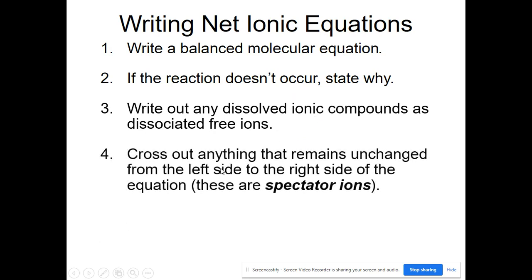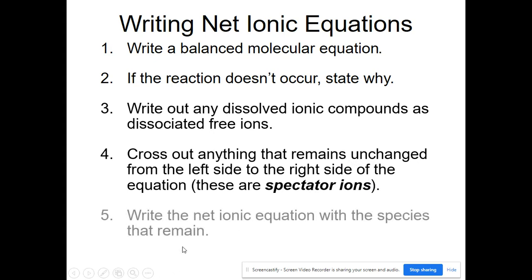You're going to cross out anything that remains unchanged from the left side to the right side of the equation. These are going to be called spectator ions. And then you're going to write the net ionic equation with anything that remains. Okay, so these are the steps that we'll be doing. So make sure you have written these down.